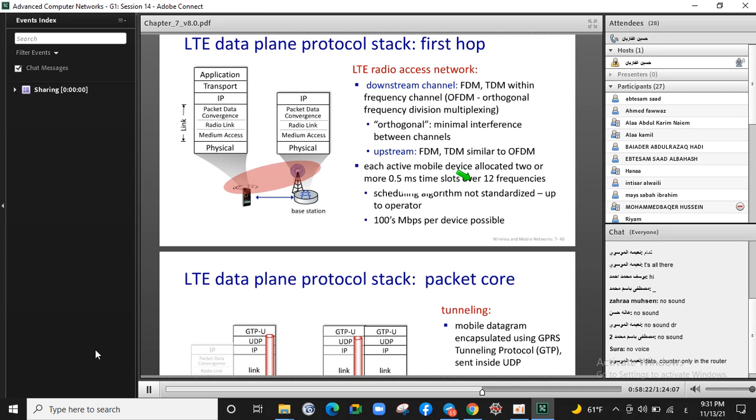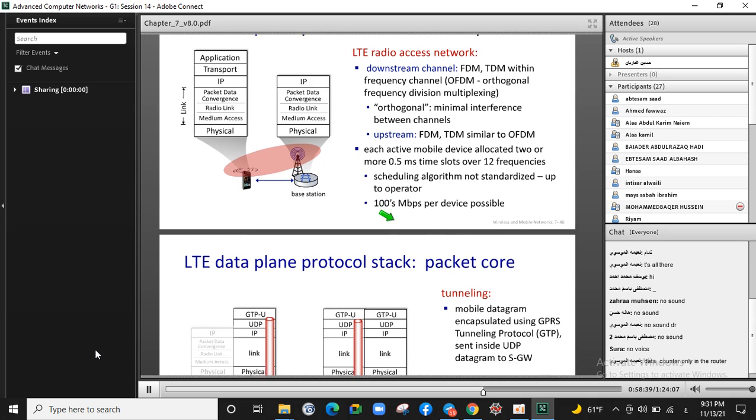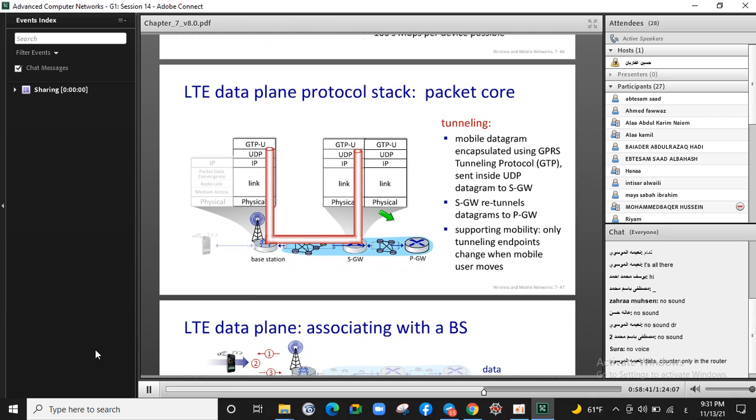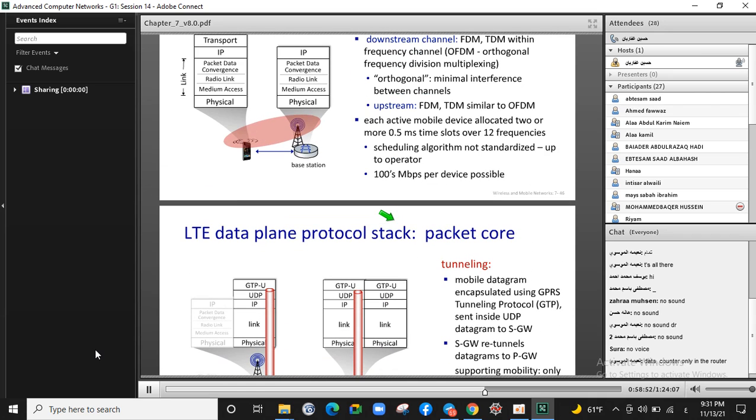But that is interesting: those frequency or time slots are not scheduled. There is no standard scheduling technique to assign the bandwidth between those different frequencies. But we can say if I use LTE technology, up to 100 megabits per second can be received by each of the devices in the network inside the cell.